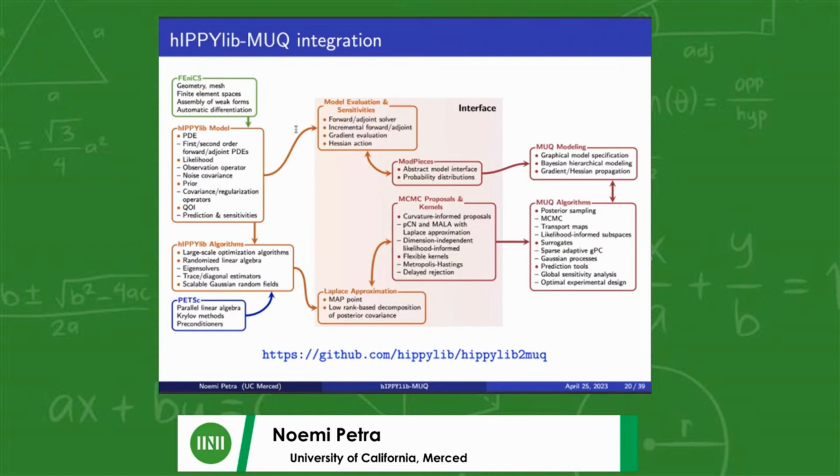And then the interface physically connects, takes all the model information and derivatives, and takes all the sampling capabilities from MUQ and brings them together. Probably no need to go deeper than that. As I mentioned, all this is available on GitHub.